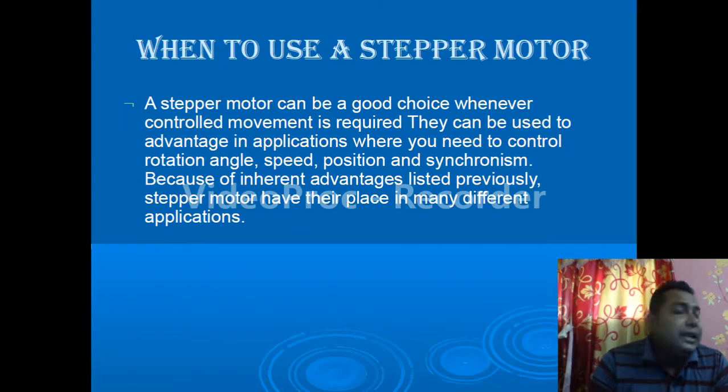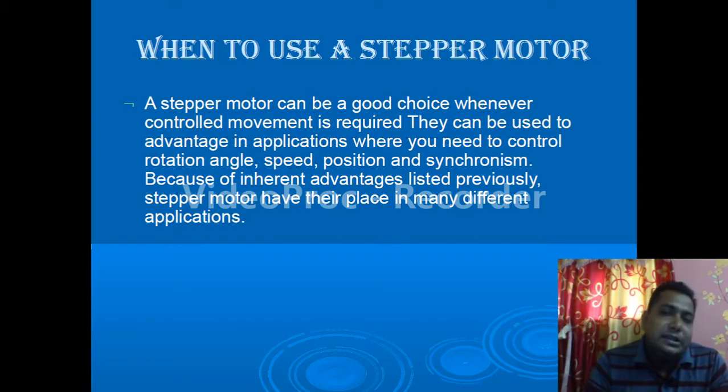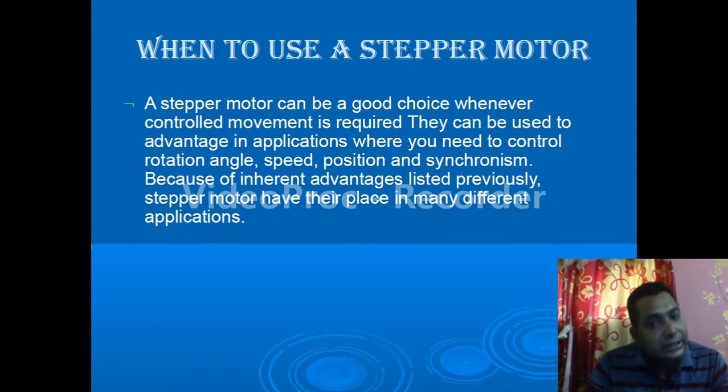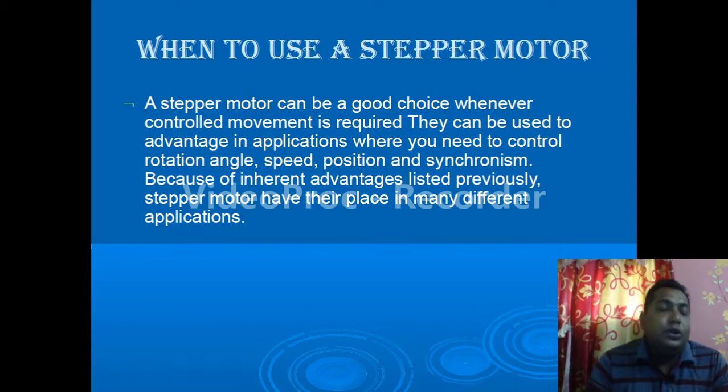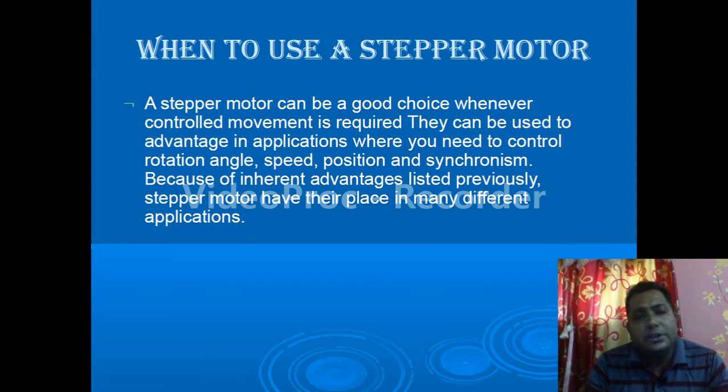When to use a stepper motor? Let us see what the answer is. A stepper motor can be a good choice whenever controlled movement is required. They can be used to advantage in applications where we need to control the rotation angle, speed, position, and synchronism.